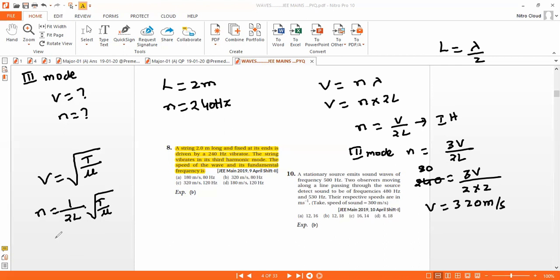So here the fundamental frequency n dash I will write: n dash is equal to 1 by 2 into 2 into 320, that is nothing but 80 hertz. Option B.